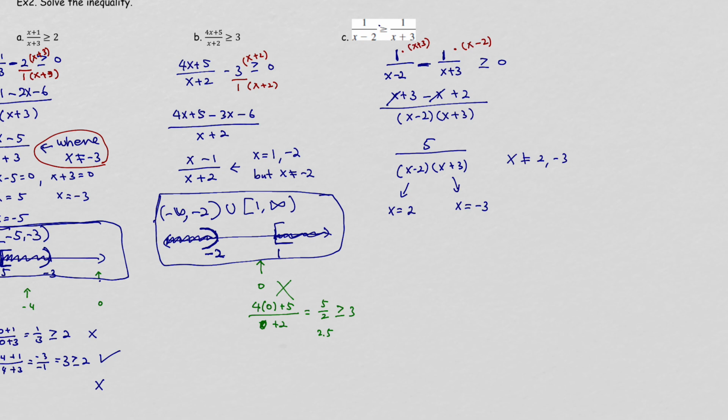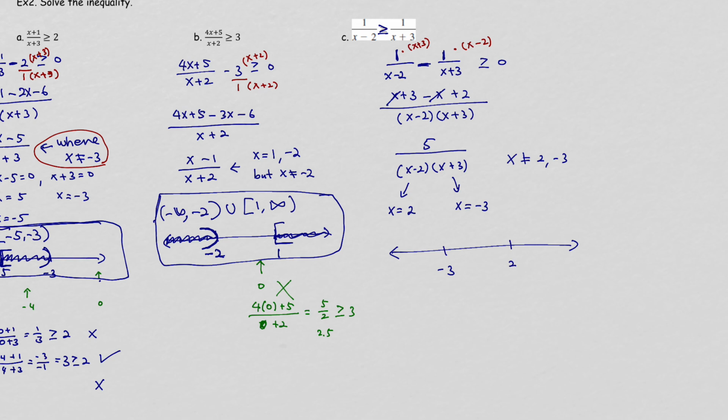So even though this is a greater than or equal to inequality, for both values we have to use parentheses because it will start from there, but it will not include those two points. So on the number line, you have negative 3 there, 2 there.